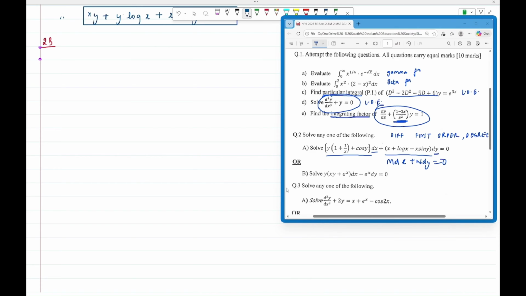So again, similar kind of thing. We want to solve a differential equation which looks like M dx plus N dy.